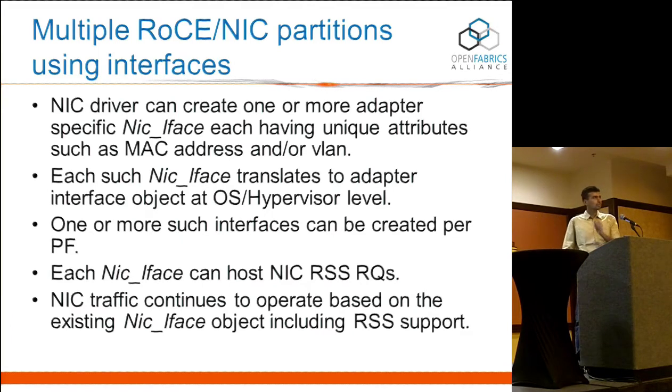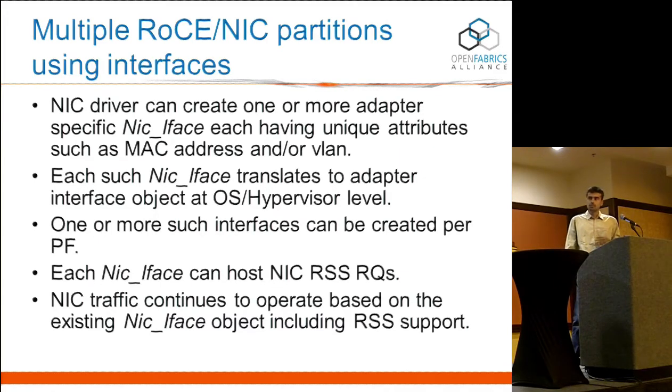Keeping those advanced parameters aside, what we get at a basic level on every interface is these two properties. There can be one or more such interfaces that you can create for a given PF, and each of them can be mapped to a guest VM as a para-virtualized device with those properties.